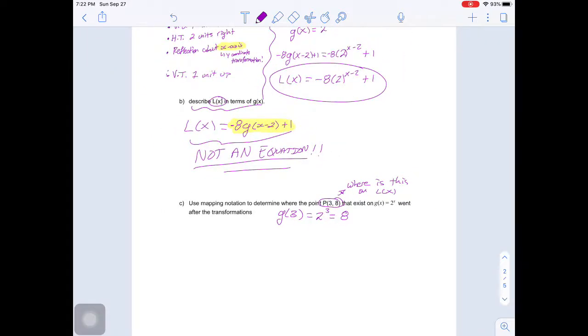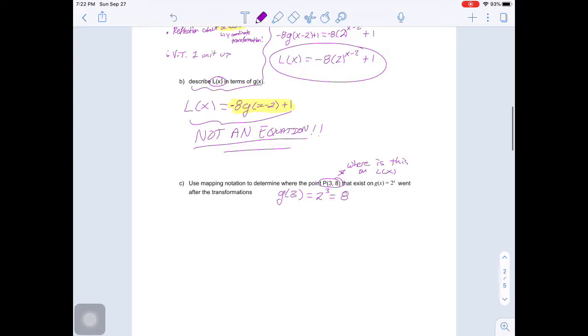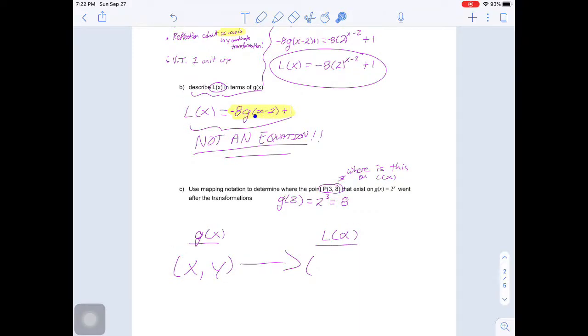So what I'm going to do here is take all of our transformations and plug them into mapping notation. Here, these represent my points on g of x, and these represent my points on L of x. Now, how do we transform g of x to get to L of x? Well, first off, for our horizontal coordinates, our x coordinates, we have to move 2 units to the right.